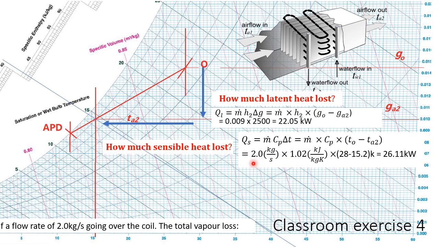So the air flow rate is 2.0 kilogram per second multiplied by the specific heat of air, which is 1.02 kilojoule per kilogram per K. Multiply by the temperature drop from 28 to 15.2. So K cancelled, and the kilogram cancelled, so you have kilojoule per second. So it's a kilowatt. Therefore, the product is 26.11 kilowatt. So that is the sensible heat, right?